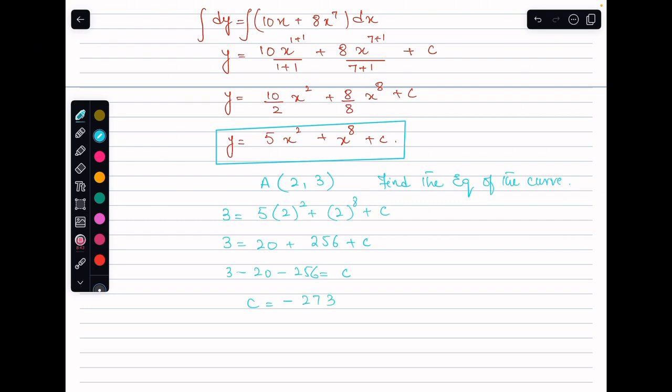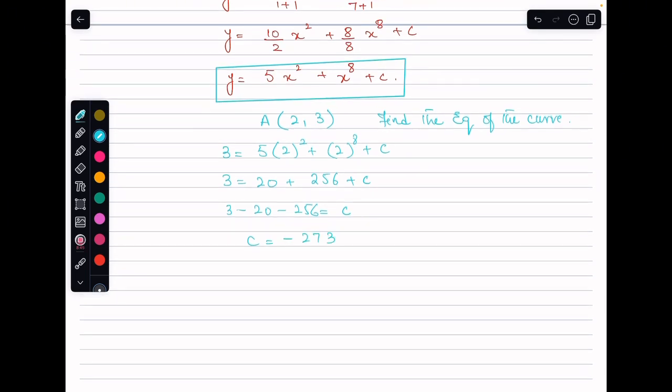Meaning, I can very easily say my curve equation is y equals 5x squared plus x to the power 8 minus 273, and this is the equation of the curve.